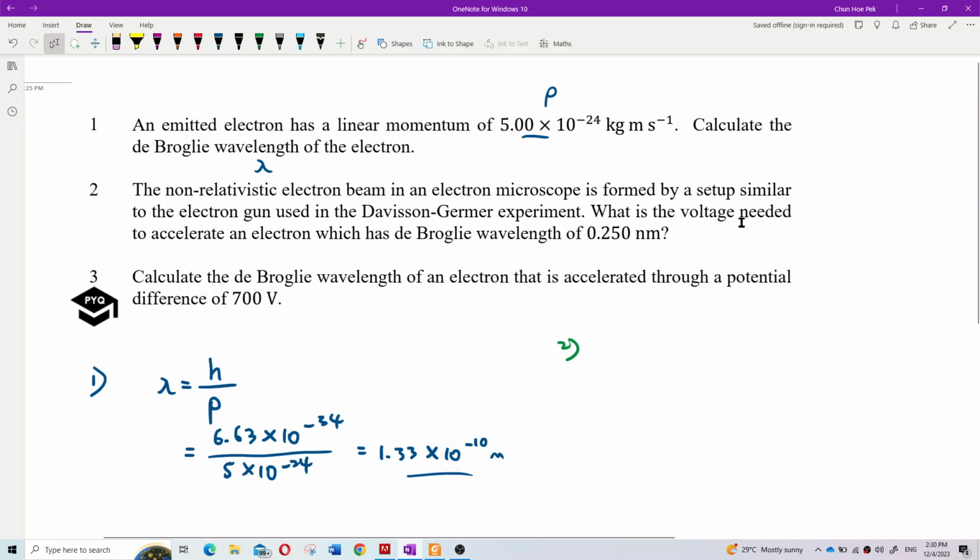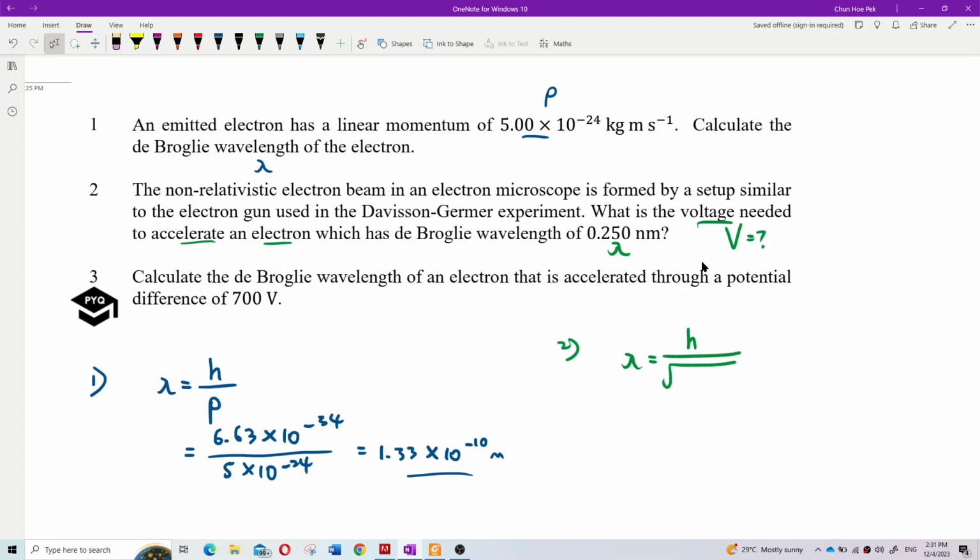What is the voltage needed to accelerate an electron which has a de Broglie wavelength of 0.25 nanometer? Just use this formula: λ = h over √(2meV). Understand this formula? Okay, let's continue.